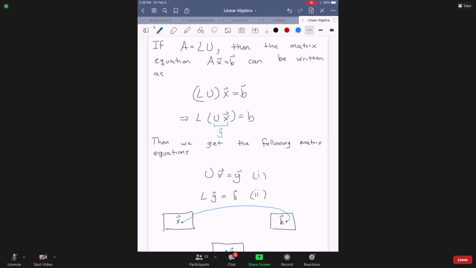Well, I'm just going to multiply A times X, right? A times X will take that vector X and give it B. Well, I can do the same thing by going over here first by doing U times X. That'll give me Y. And then I can do L times Y. So you see how this still gives me the same solution? It still takes me to the same place. One takes me directly there, and the other just takes me on a little detour. So you can see that the solution is still the same.